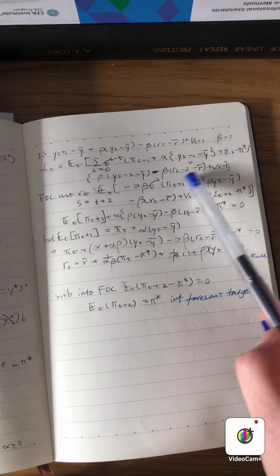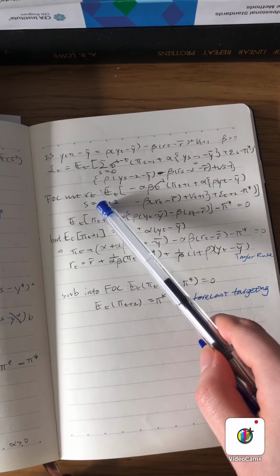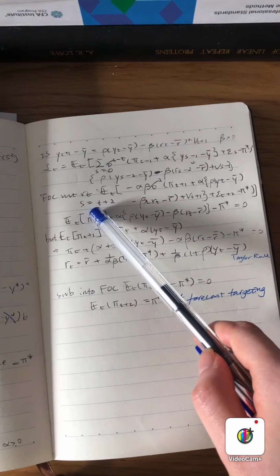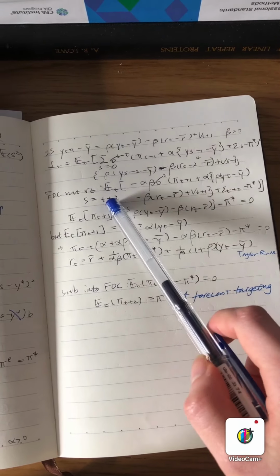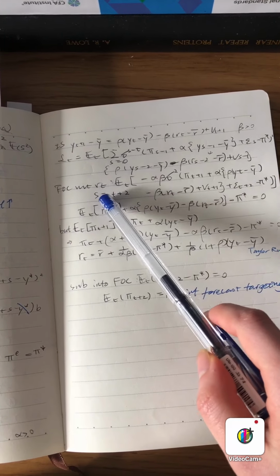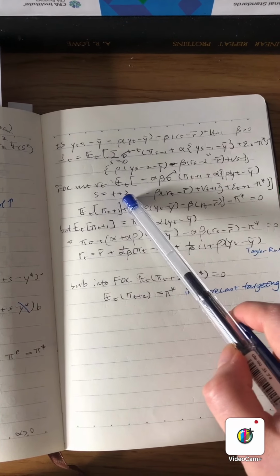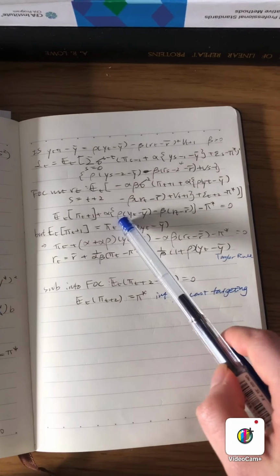So yeah, finally we are going to get a function of pi and of y and r. So we solve this problem by first order condition with respect to r_t, and this happens when s equals t plus 2.